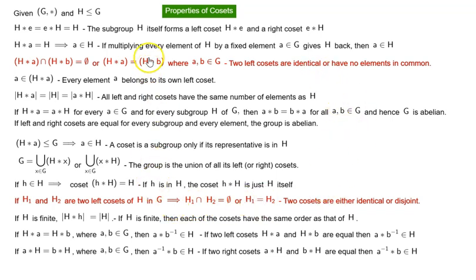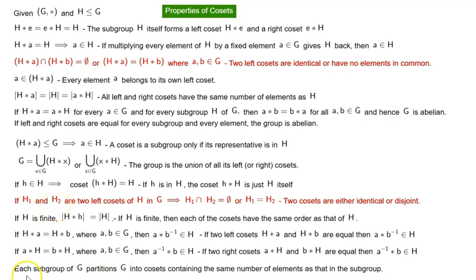These two statements are saying the same thing, but the difference is that here we are talking of specific elements A and B, whereas here we don't really care about which two elements are involved. Finally, each subgroup of G partitions G into cosets containing the same number of elements as that in the subgroup.